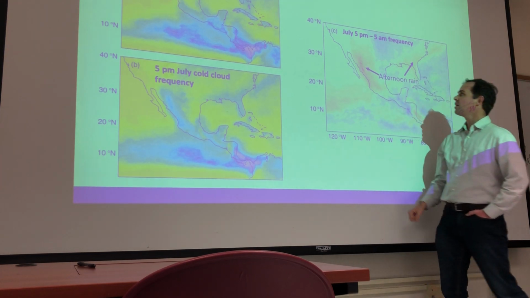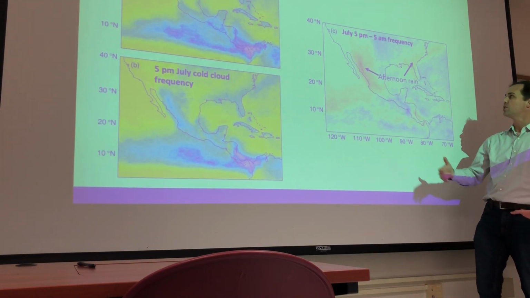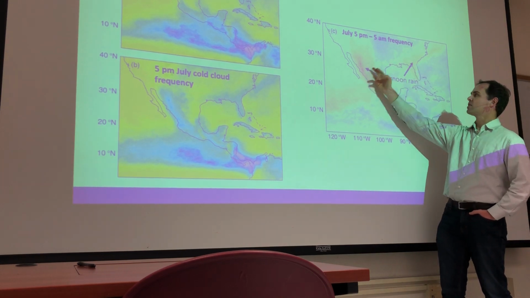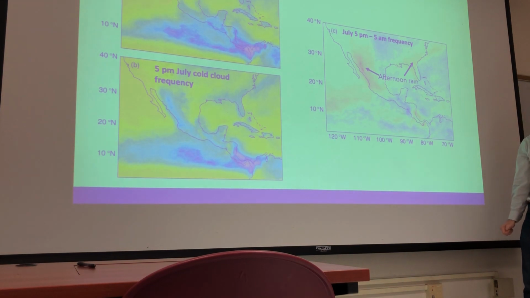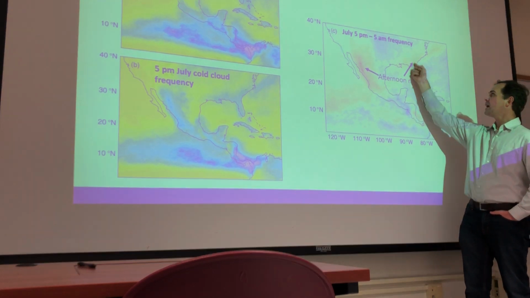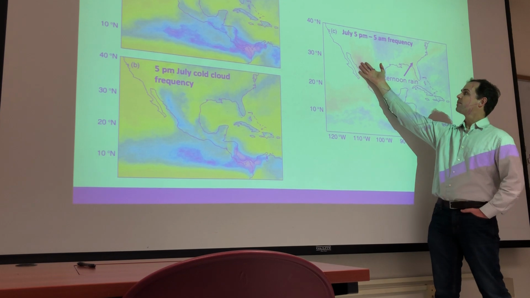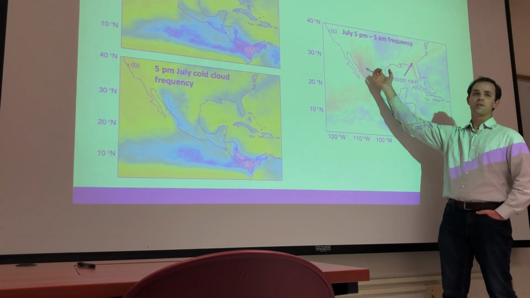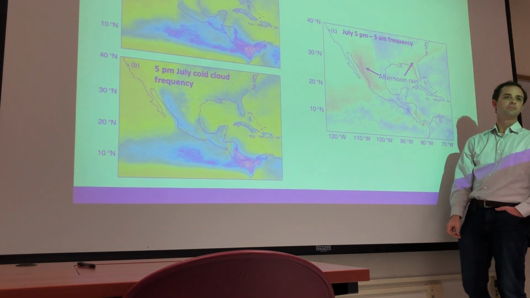So it's showing the areas where you have the greatest increase in clouds from morning to afternoon, and it's just highlighting those two regions that we were just talking about. Let's see, so just to put names on this, here we have the land sea breeze, and that's what we call it here. In this part of Mexico, this is really part of the North American monsoon system.